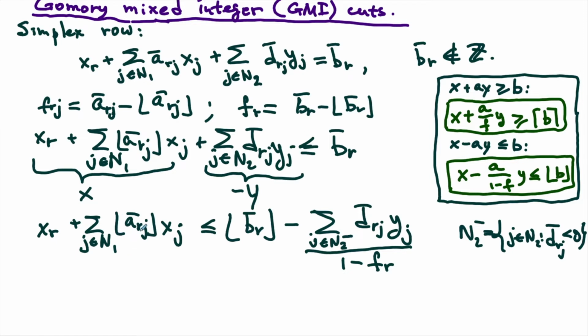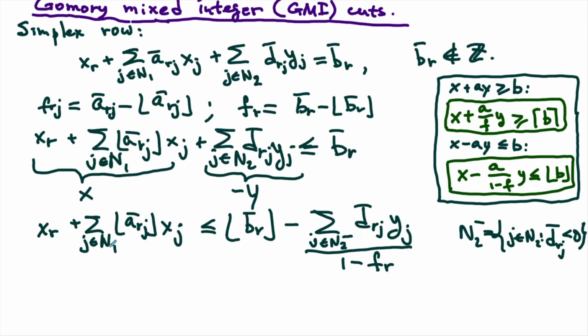So by rounding down, we lose somewhat in the tightness of the constraint, right? So, but then our hope is that the right hand side is gonna drop even more, and therefore rounding down makes sense, and we cut off a part of the region that's feasible for the LP relaxation, but is not feasible for the convex hull of our mixed integer program.